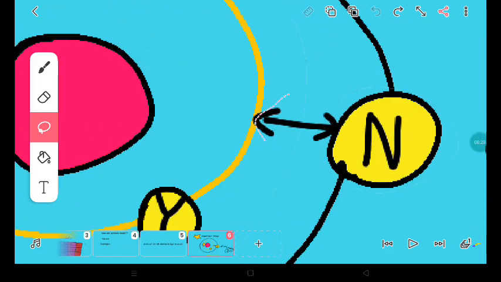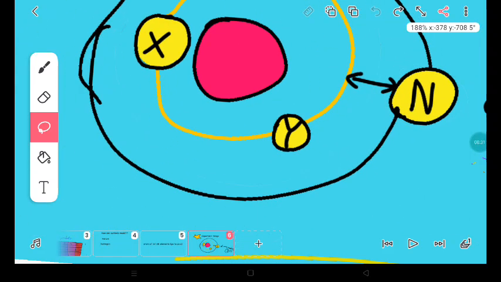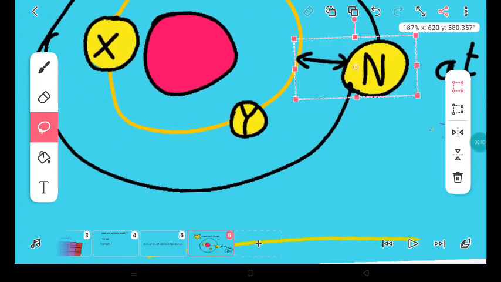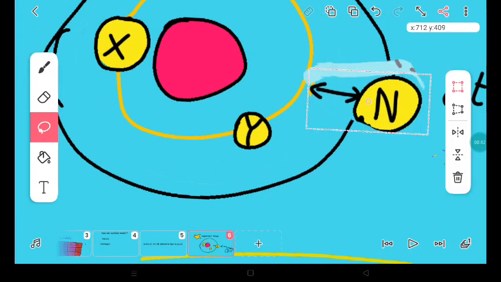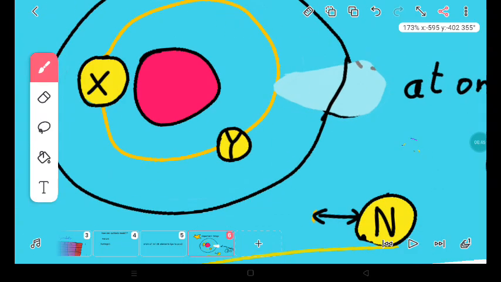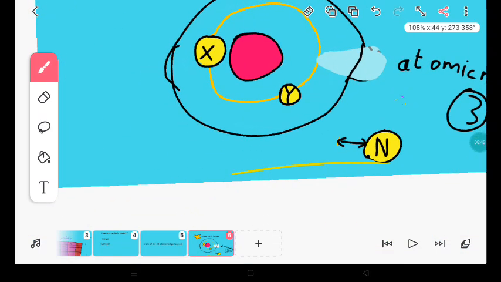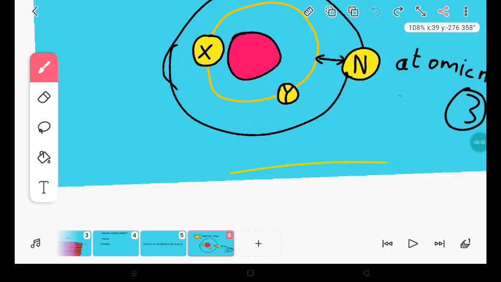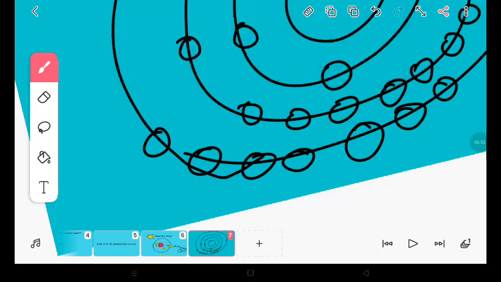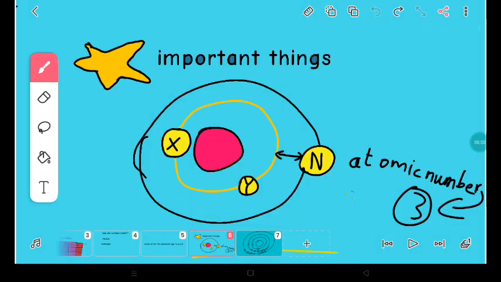For example, this atom has 3 electrons. To be in stable state, it needs to lose 1 electron. So it will give its electron N to some other atom, and then it will receive stable state. Yay! I forgot to tell you the valency of this atom.